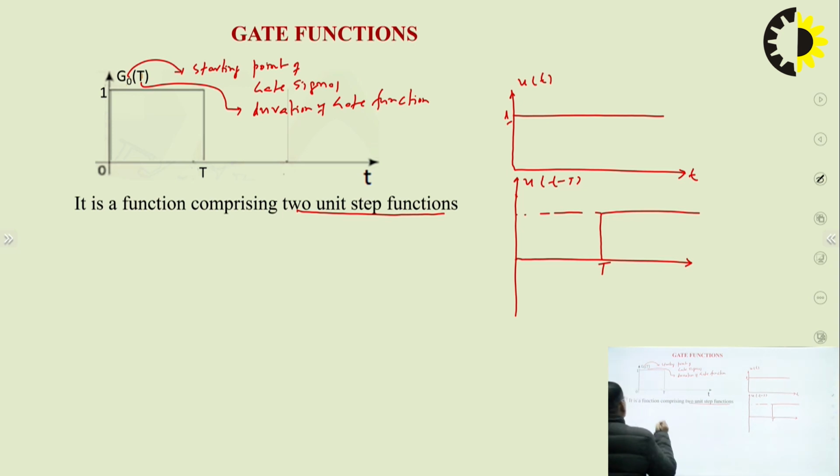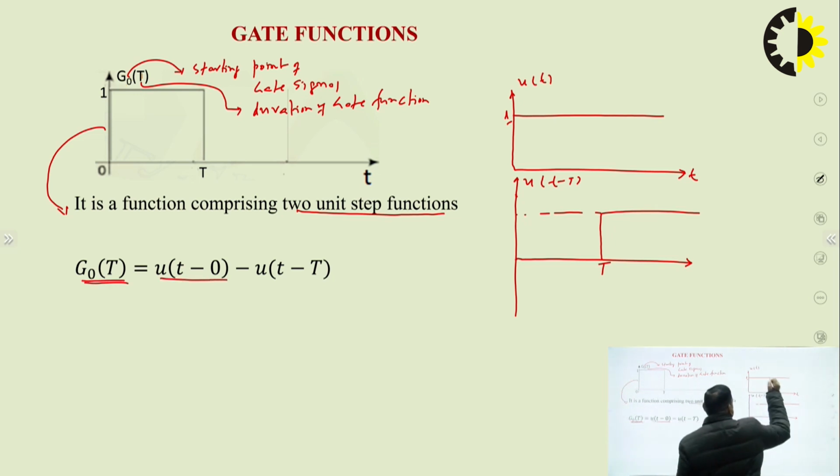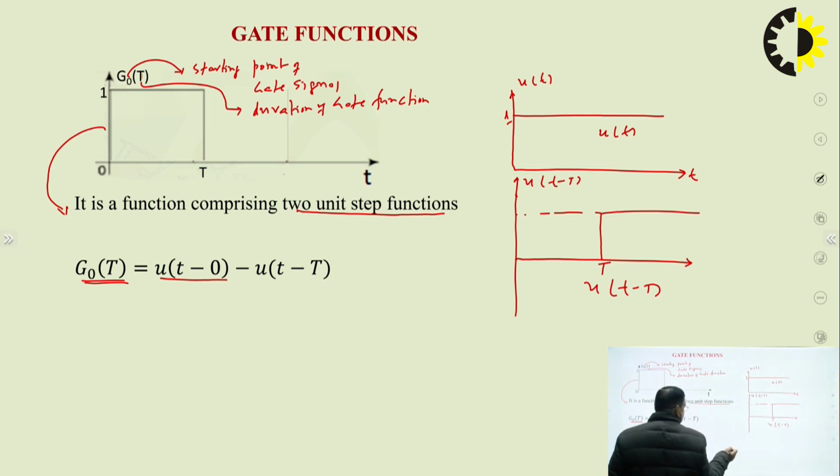If we want to write the mathematical expression of this gate function, we can write it in this way. G0(T) is the gate function: u(t minus 0) minus u(t minus T). If we deduct u(t minus T) from u(t), we get this. So this is the graphical representation of the gate function.